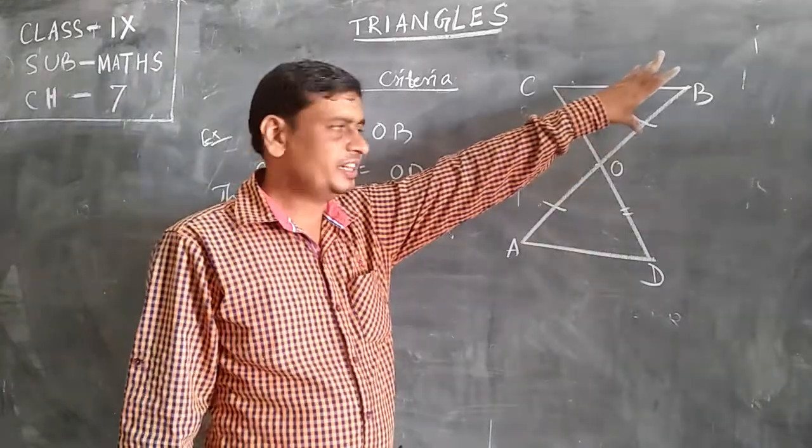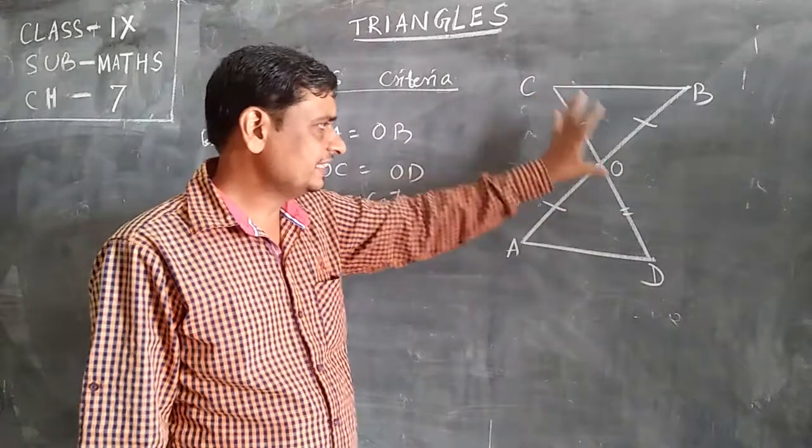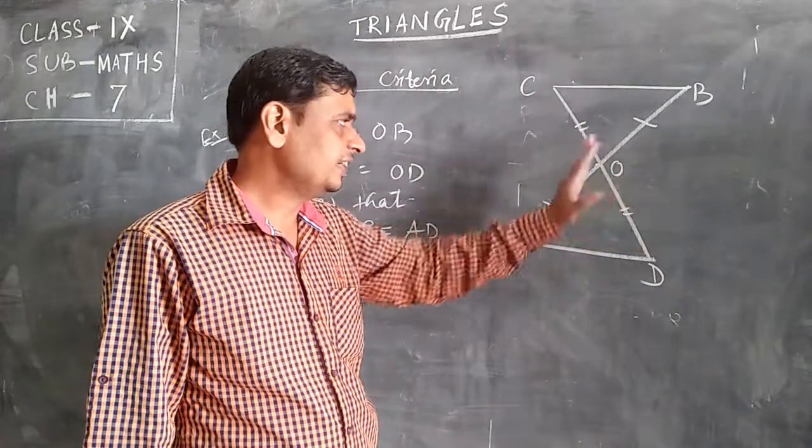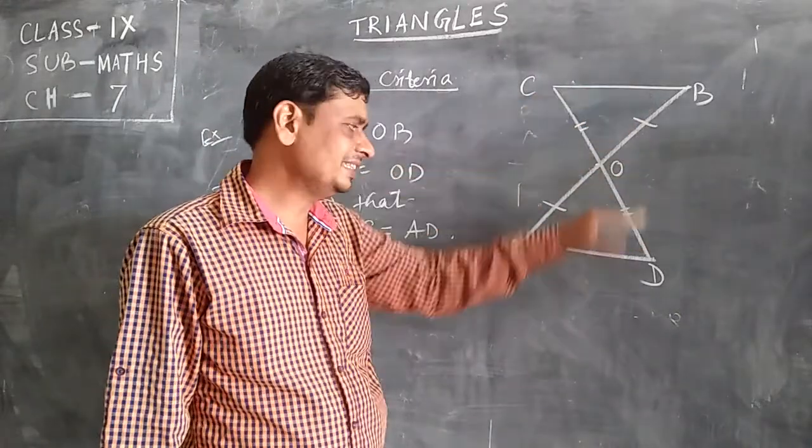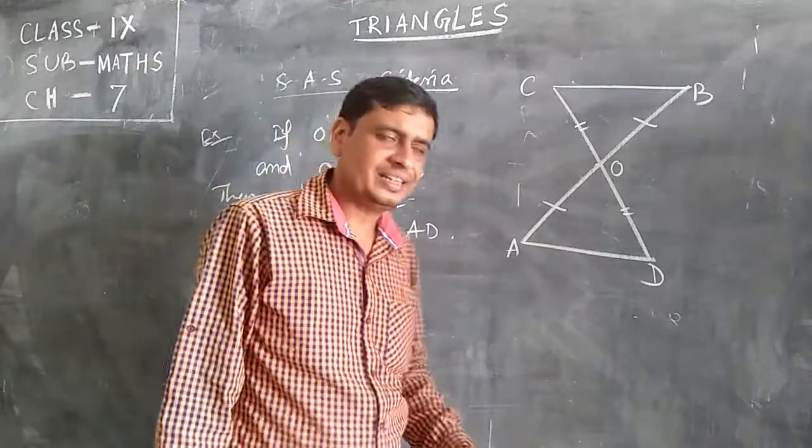If OA and OB are equal and OC and OD are equal, then BC and AD will also be equal.